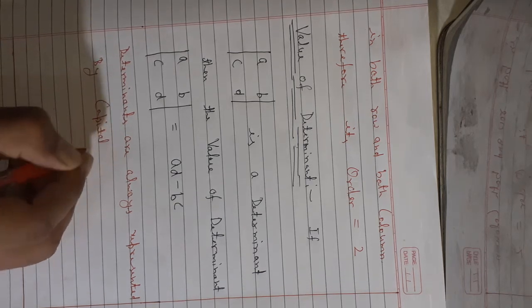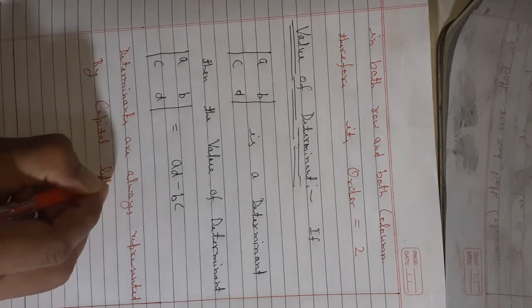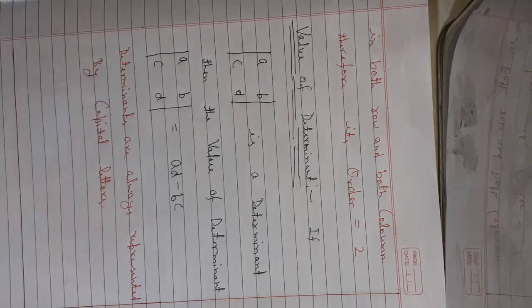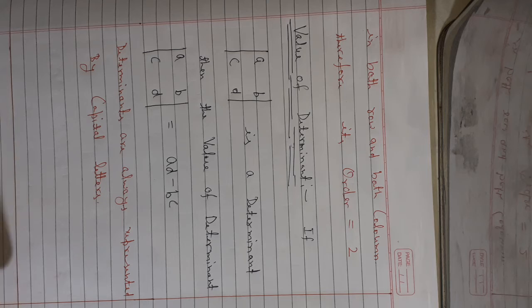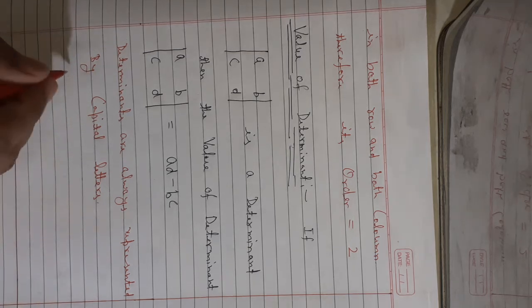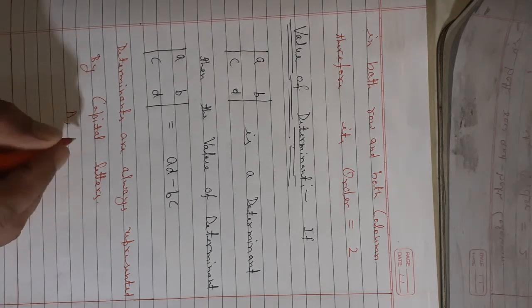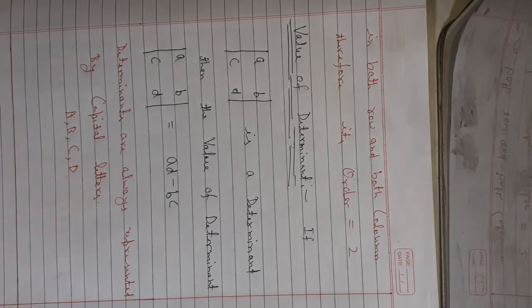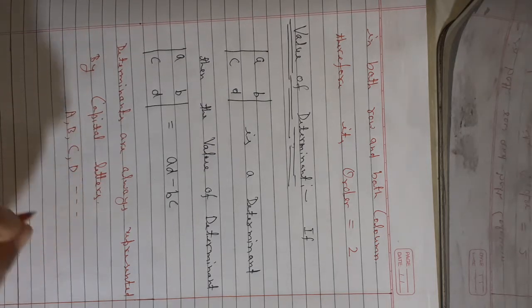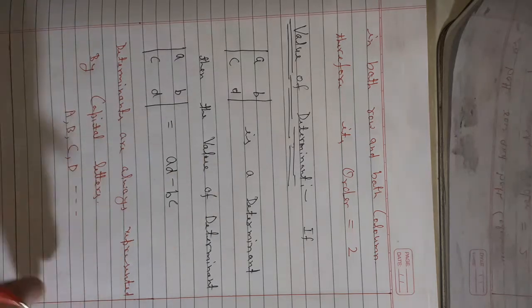Clear? That is A, B, C, D. So this was the determinant method. Now completed.